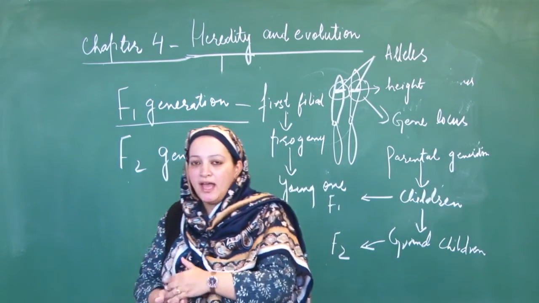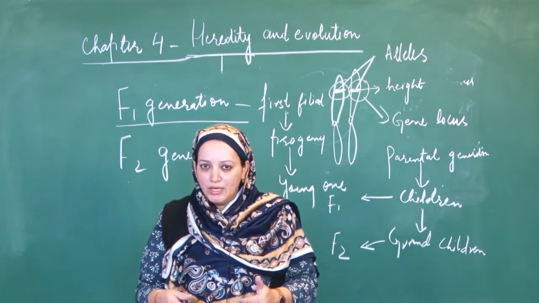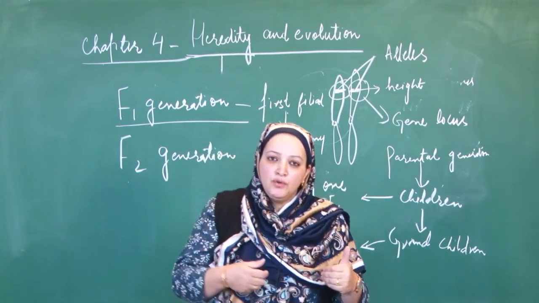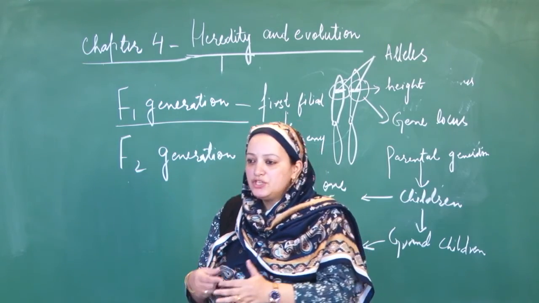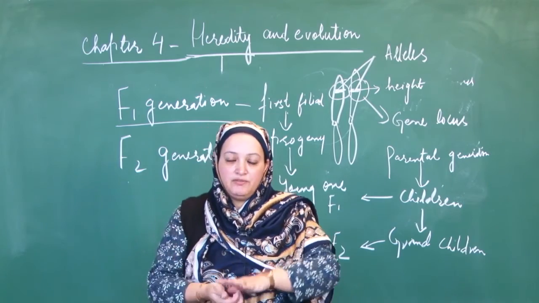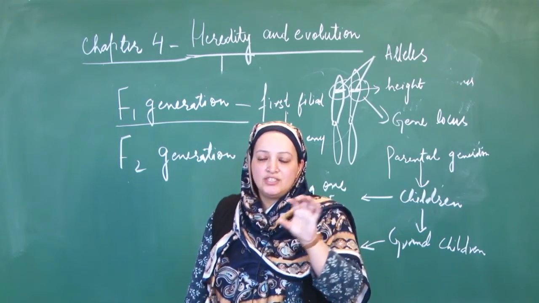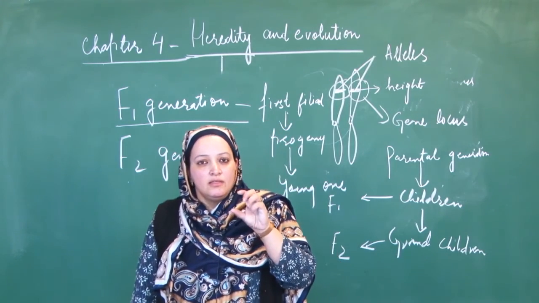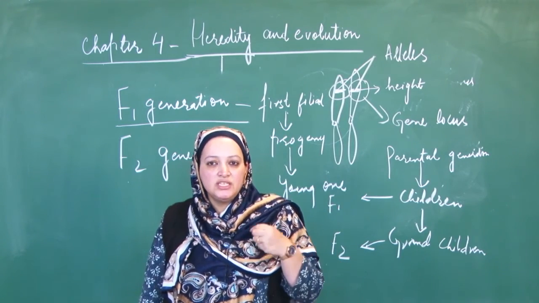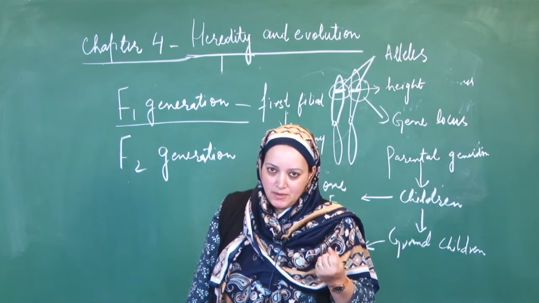Now, what have we studied? We have studied heredity and variation and the various terminologies, which I have already discussed in detail. These were the terminologies which Mendel used while doing his experiments.